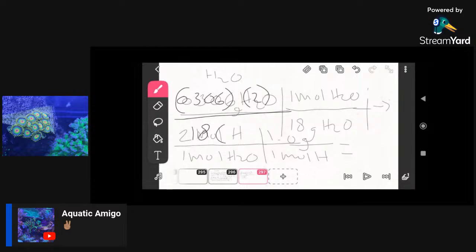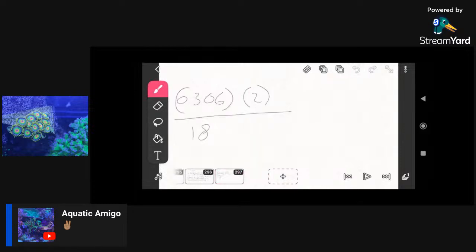Just divided by 18. All right, guys. I'm not sure what this number equals, but if you could help me out real quick, that'd be great. 0.306 times 2 divided by 18. So we've got to solve that.